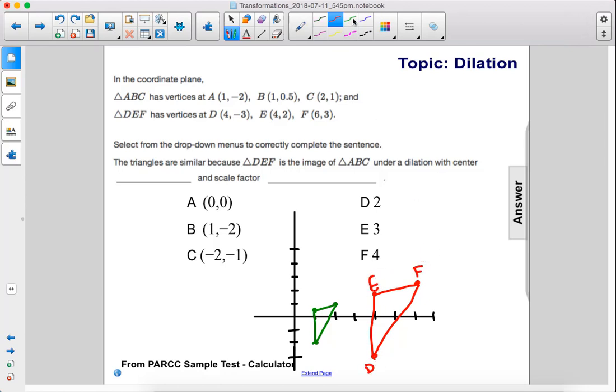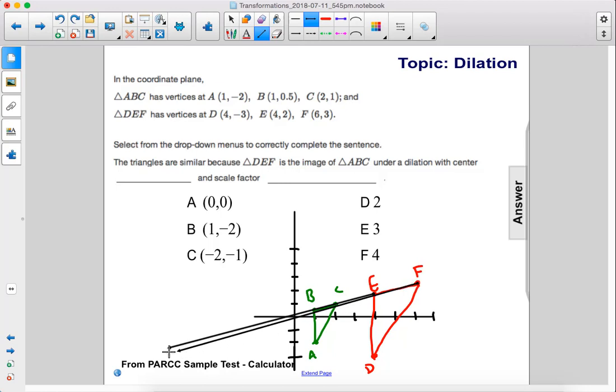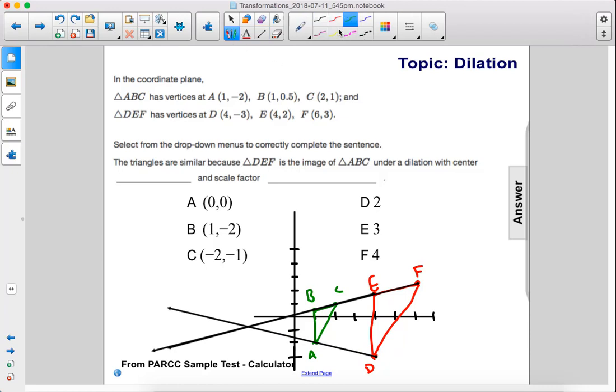I'll label the first triangle ABC. Okay, so we have a dilation for sure, and it's an enlargement. So let's draw lines to figure out where the center of the dilation is. We can take a line from E to B, F to C, and D through A. So the center of this dilation is not the origin, it's over here.